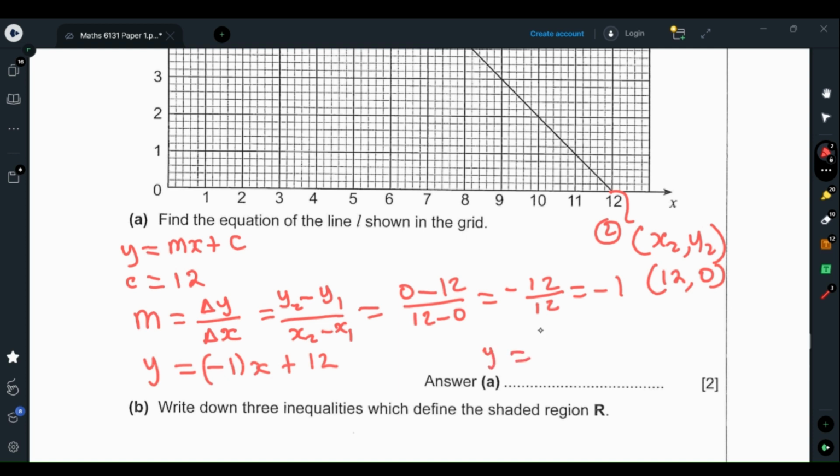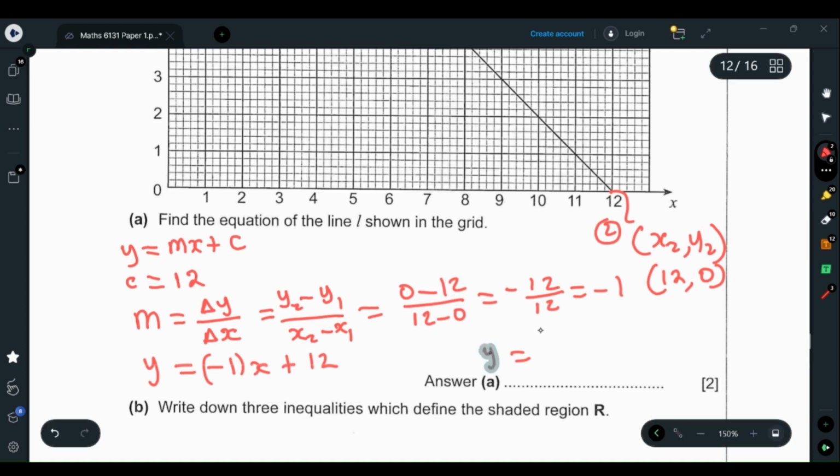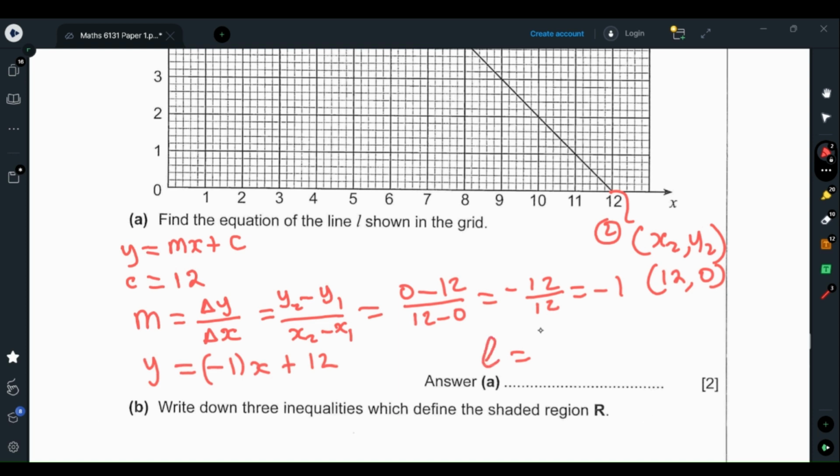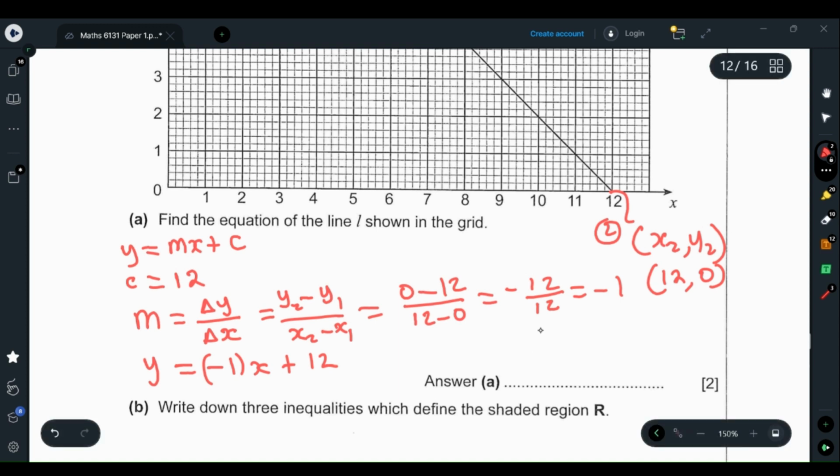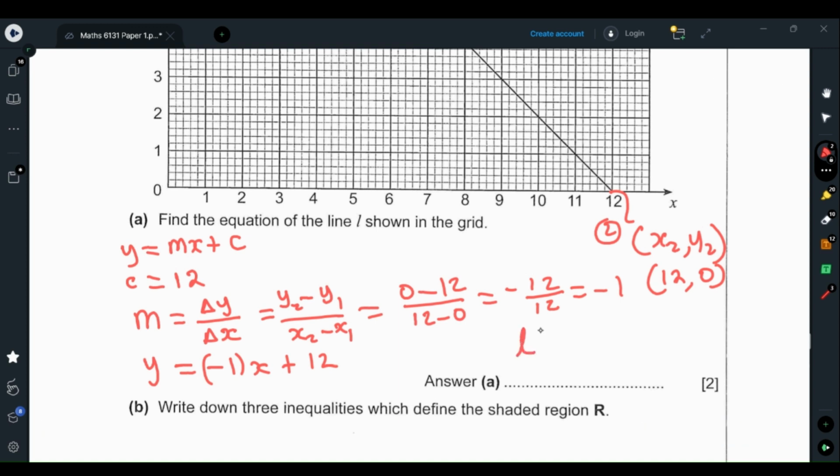Finally, the equation of line L is y equals minus x plus 12.